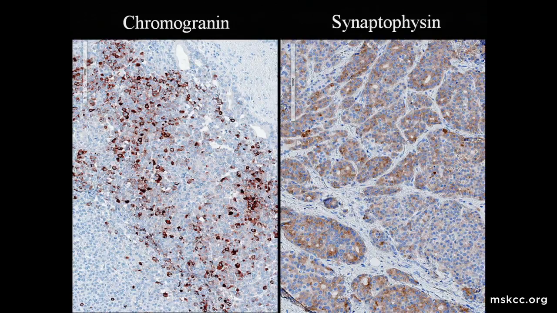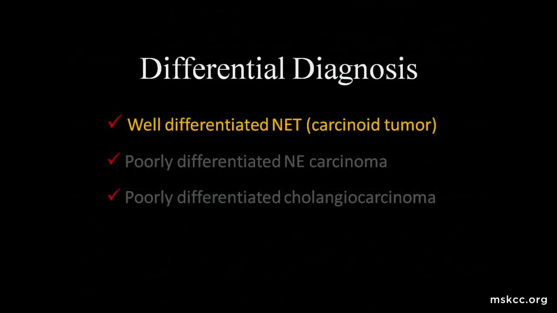We were able to confirm the neuroendocrine differentiation by positive immunoreactivity for both chromogranin and synaptophysin. However, the positivity is not really brilliant. It's focal, patchy, and sometimes almost negative in some of the cells. Nevertheless, we still consider a well-differentiated neuroendocrine tumor or carcinoid tumor based on the constellation of other information.